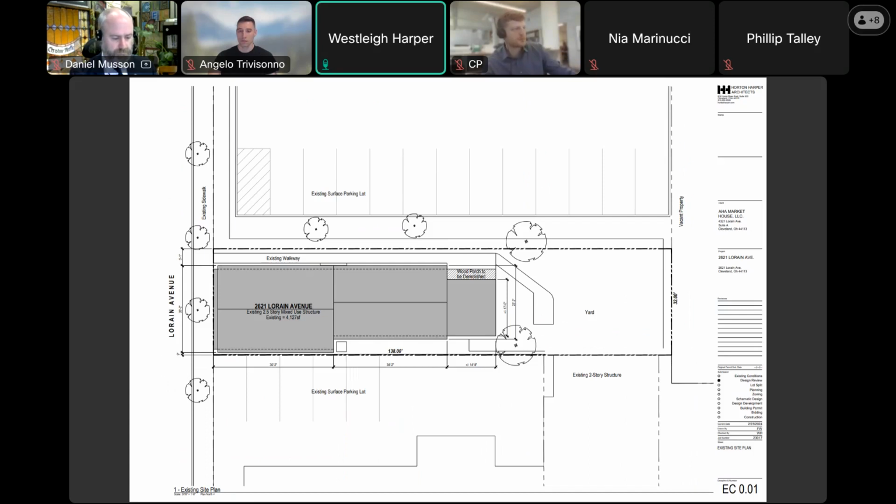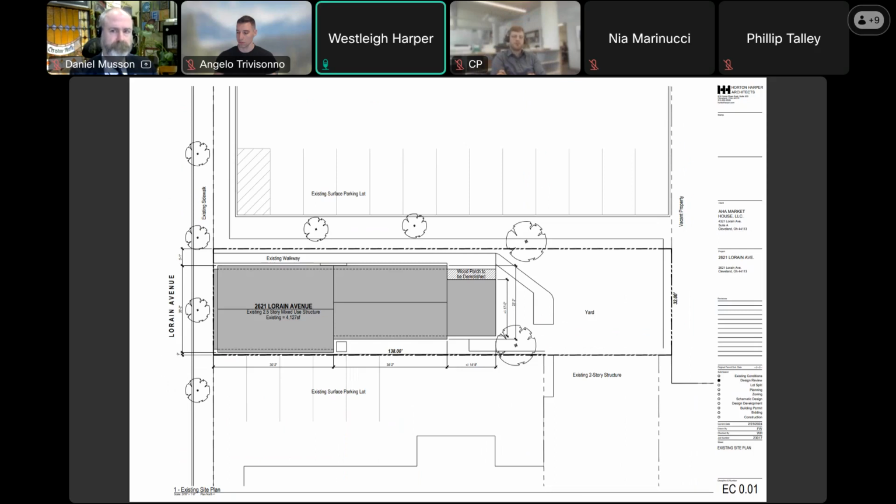Through the process with SHPO, we originally showed the southernmost rectangle attachment on the site plan here that shows an existing two-story portion. We originally had that being demolished because it did seem to be an addition that didn't exist in the time period that we're looking at for the renovation, but SHPO has been insistent on keeping that.